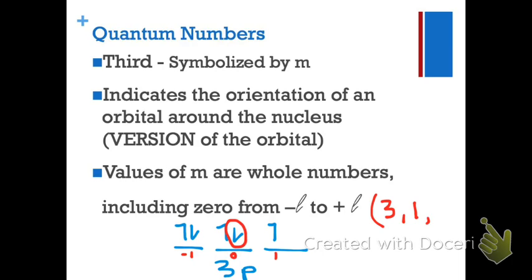Really, we know they sit on the x, y, and z axis, but this is how we tell which version of the orbital it's in. If you can't remember that it's got to be the range of negative 1 to positive 1, just start in the middle with 0, then work outward from there.